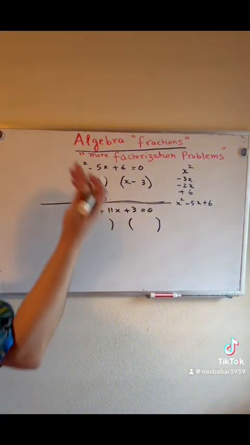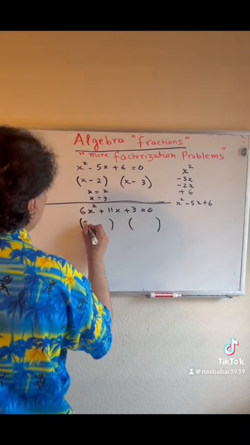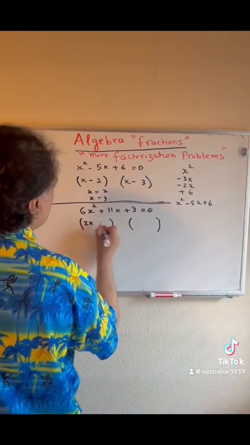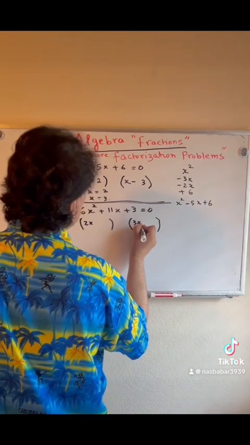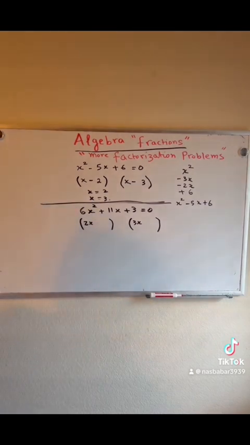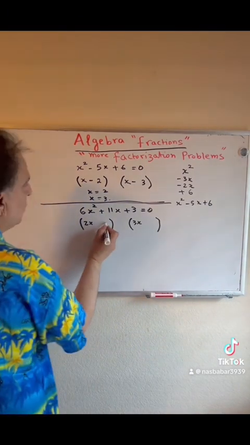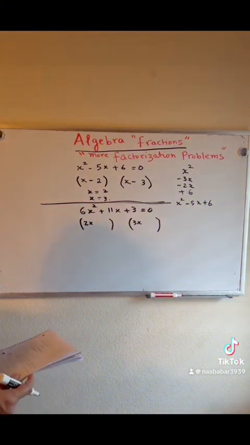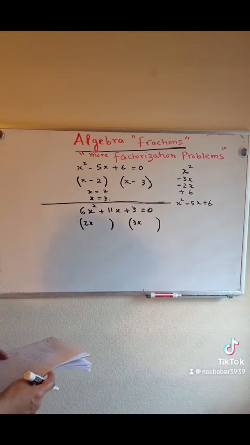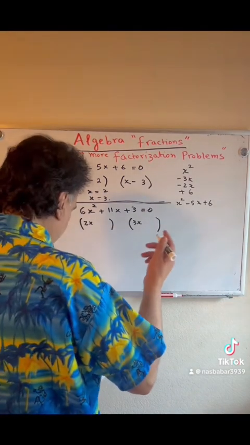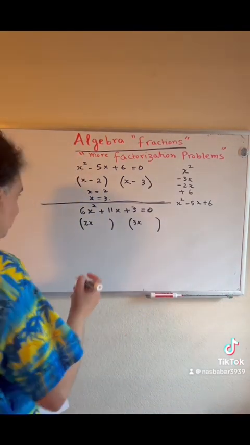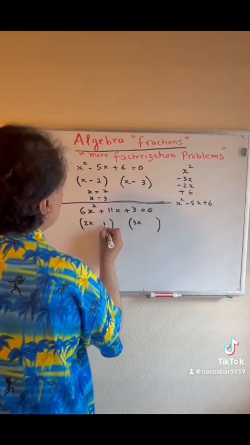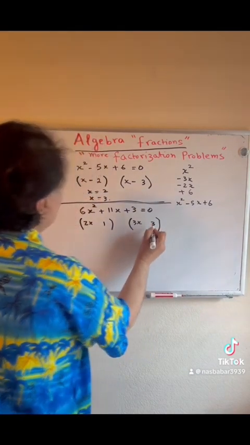Well, arbitrarily, I'm just going to say 2x times 3x gives me 6x squared. Now, right over here and over here, I gotta find something which will give me 3. So how would I do that? I say arbitrarily, I choose 1 over here and 3 over here, okay?